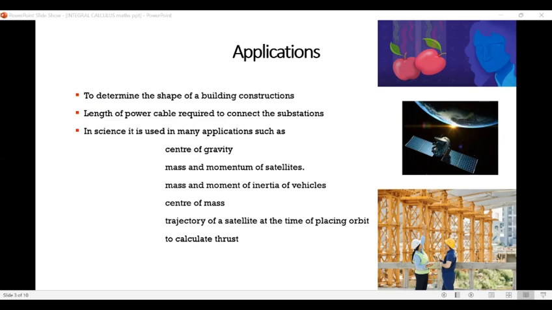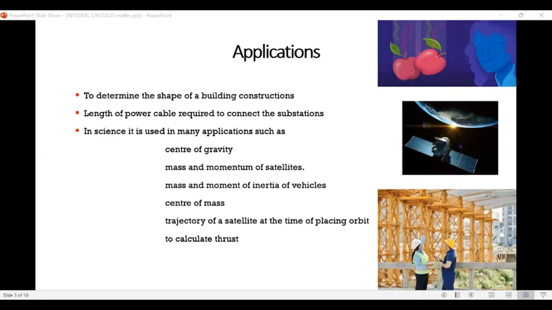We find the center of gravity by integration. Then the mass and momentum of a satellite: with what mass the satellite should be thrown into space so that it will rotate around the Earth.